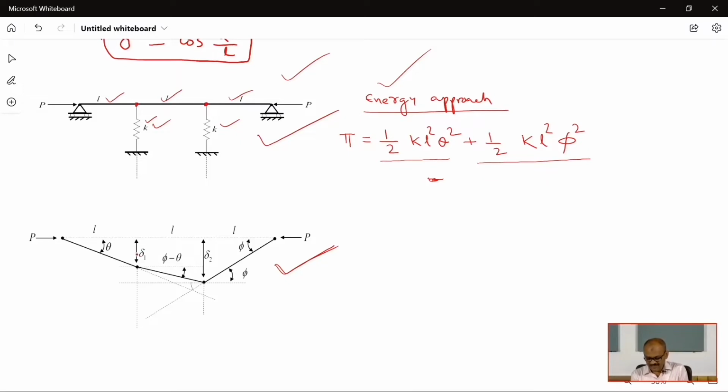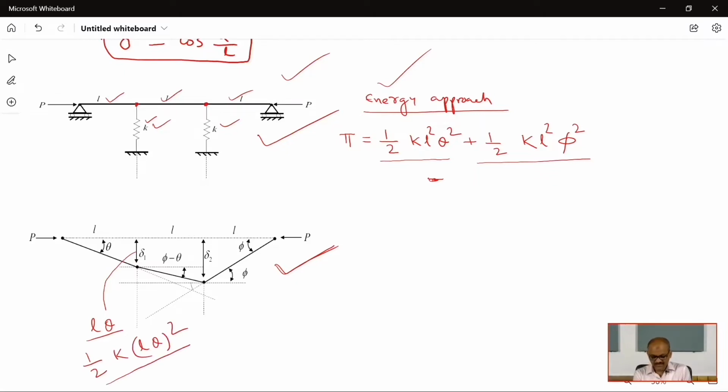Why? Because this delta value you can write as L into theta. If the spring is deformed by L theta, the strain energy stored is half K into (L theta) square.